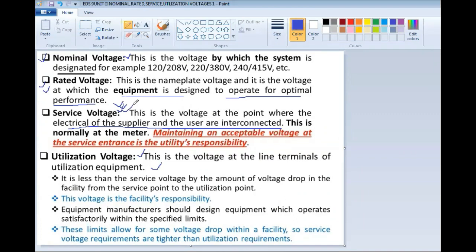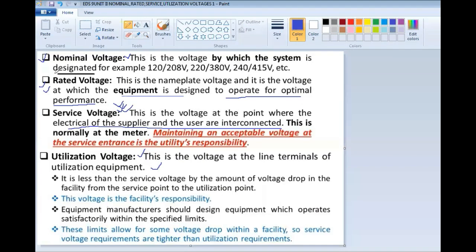So the supply system gives the voltage to the entire house, called the service voltage. Now, utilization voltage is the voltage available at your domestic appliances, whatever they are.